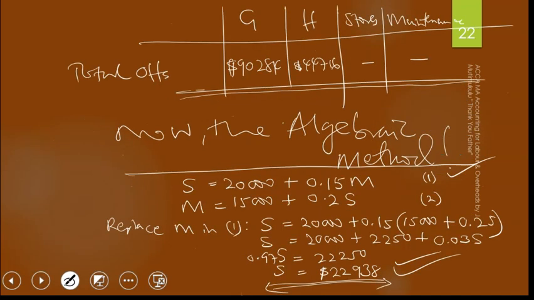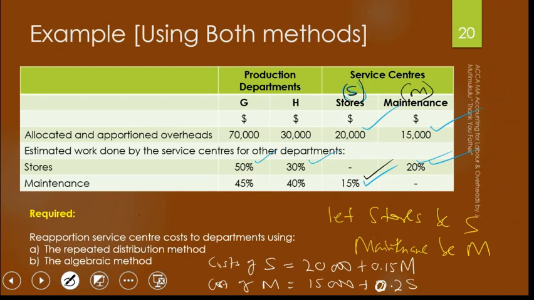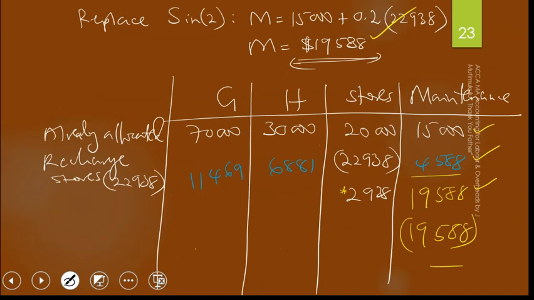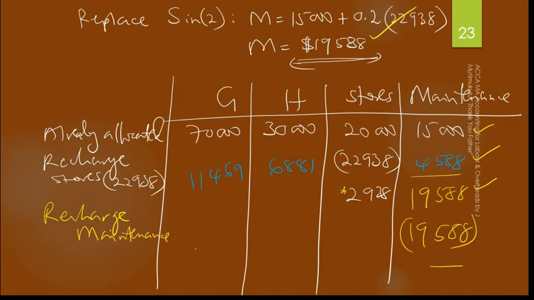We know that the percentages of reapportionment, according to the question, we need to reapportion based on 45%, 40%, and 15%. So 45% of 19,588. Here we are now recharging maintenance. You could see that 45% of 19,588 is 8,815.